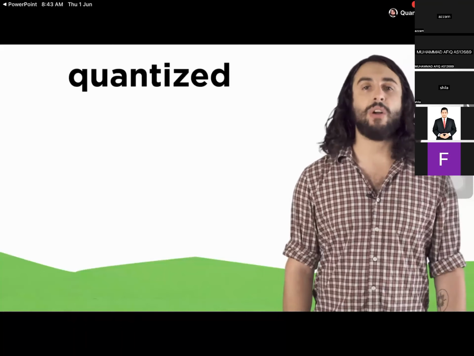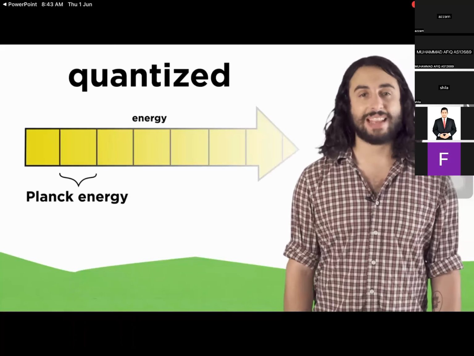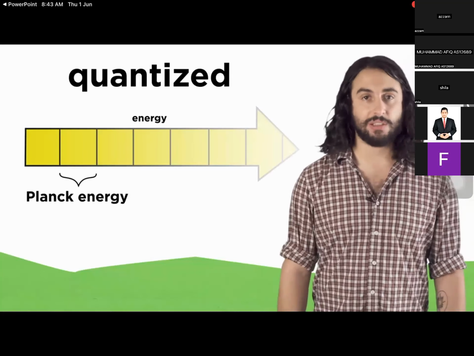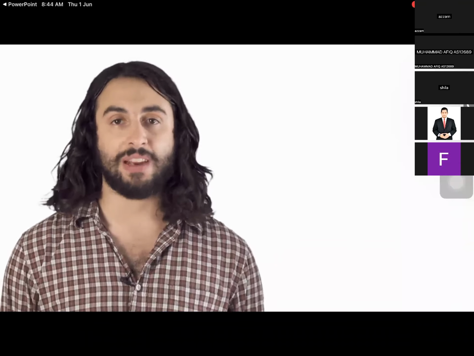Planck proposed that energy is not continuous, but rather is quantized. That is, all energies are multiples of the smallest fundamental unit of energy, the Planck energy. In fact, quantum theory went on to show that everything is quantized, space and time too. So you can't infinitely subdivide them, you'll eventually get to a smallest thing that can't be divided further. But more on that in the physics course. Einstein extended what Planck said about energy and rationalized that light must also be made of quanta, which he called photons.